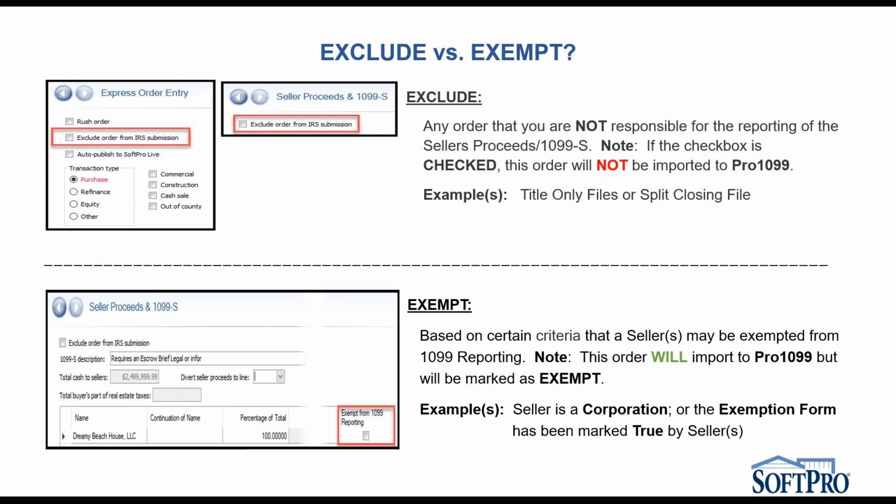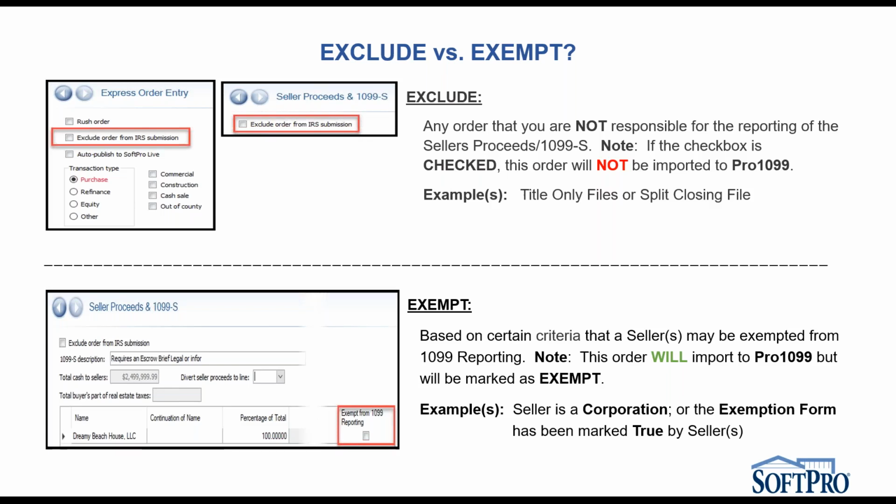So an example of this that I get is title-only files or split closing files. So I, as the agent, escrow company, title company, whomever, am not responsible for the seller proceeds and or reporting 1099S, then I can exclude this file because I don't have anything to do with seller money.